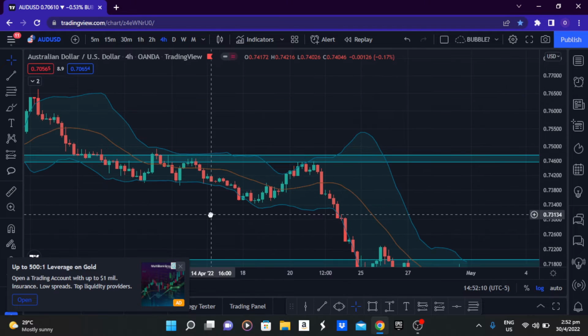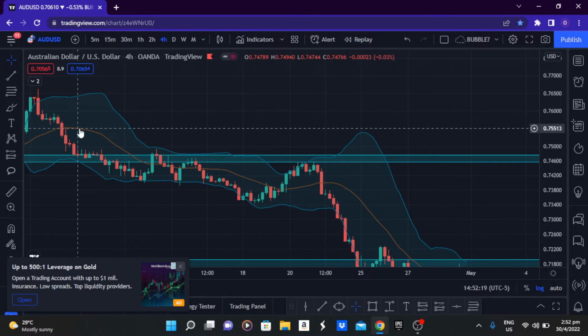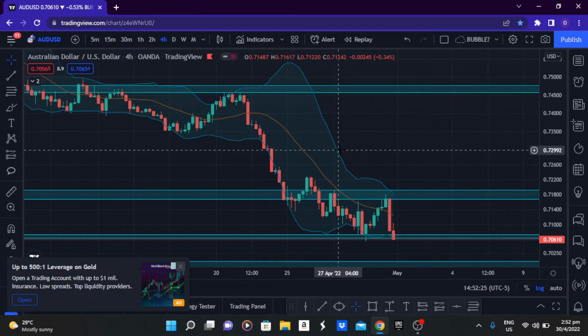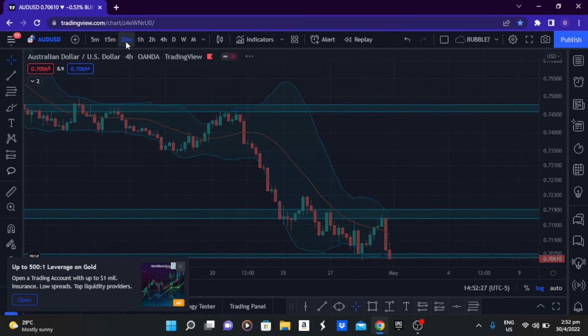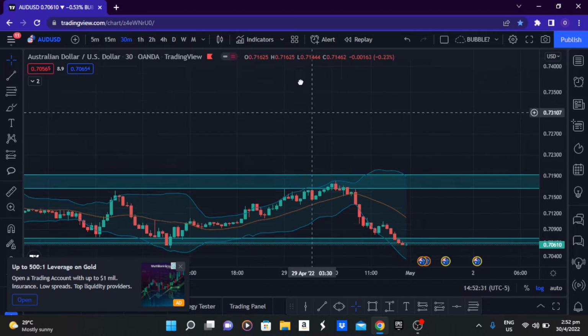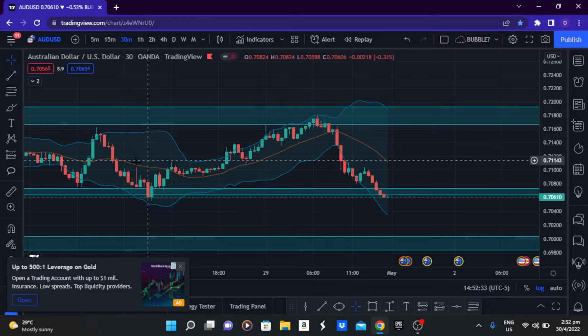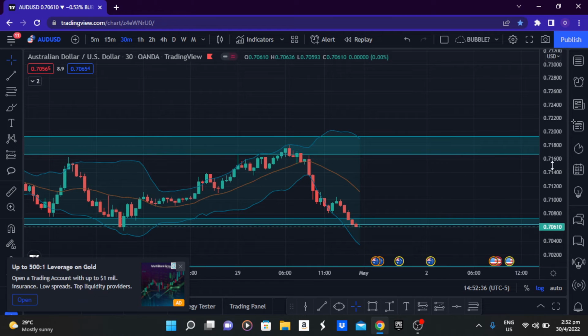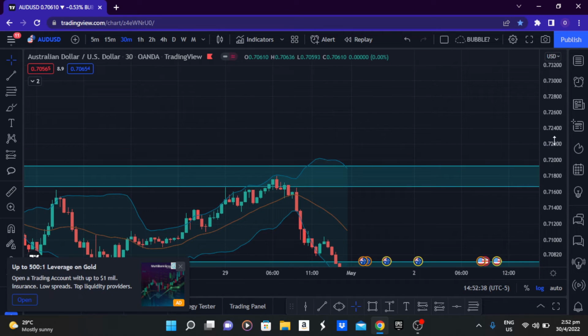I'm just showing you how you can take a trade using just this line alone, basically the SMA, right? All right, so let me just show you something. We're scaling down to the 30-minute time frame, just sharing a trade that I took.